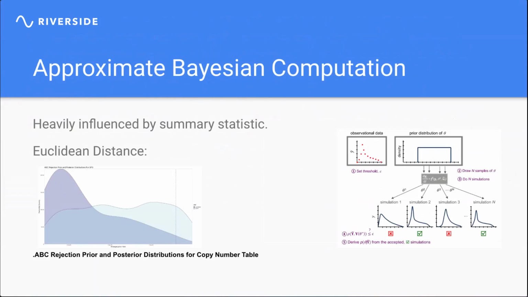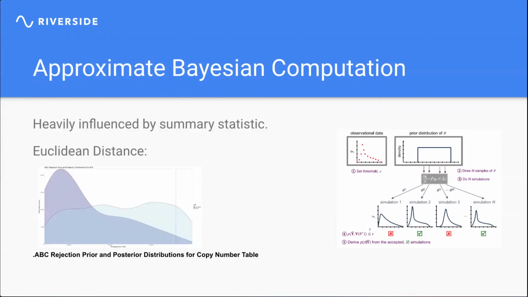And we produce data from the simulator using sampled parameter values from the prior, and we then calculate a summary statistic for those simulated data and calculate a distance between those simulations and the real sample, and we reject all simulations that fall below some similarity threshold, basically.